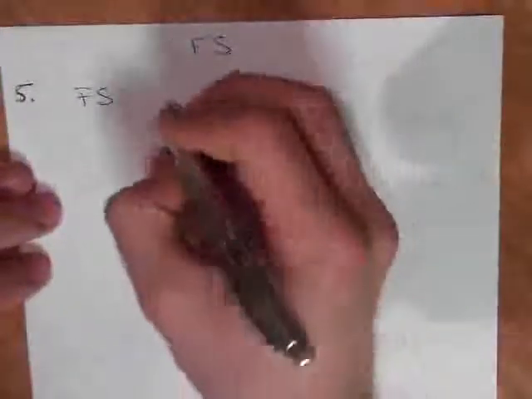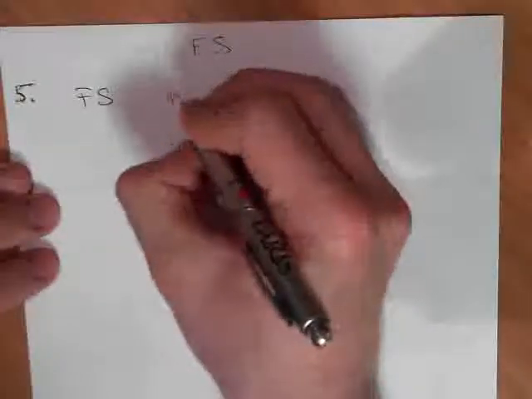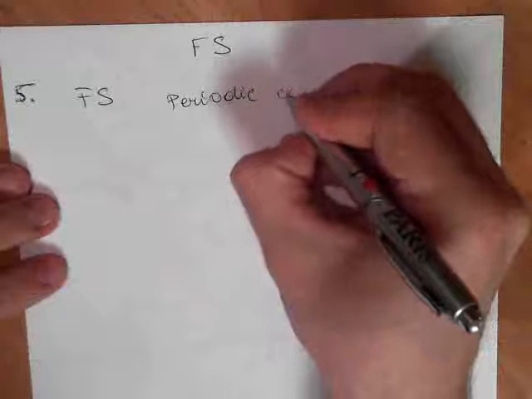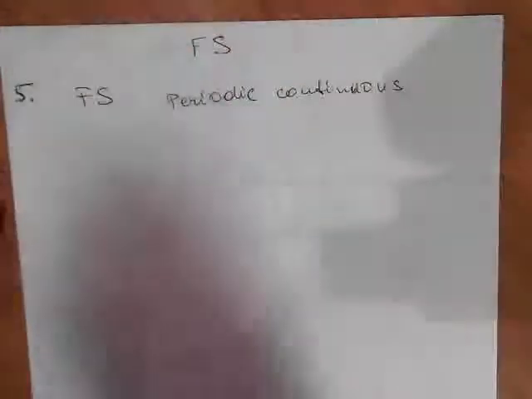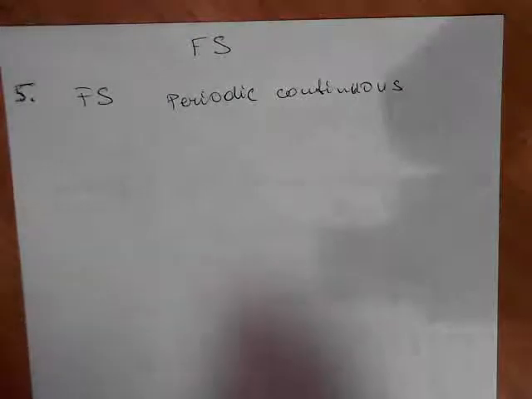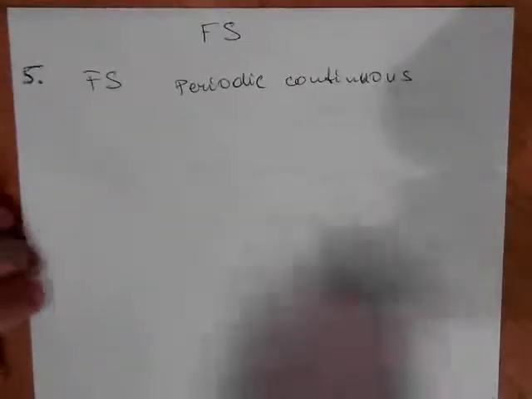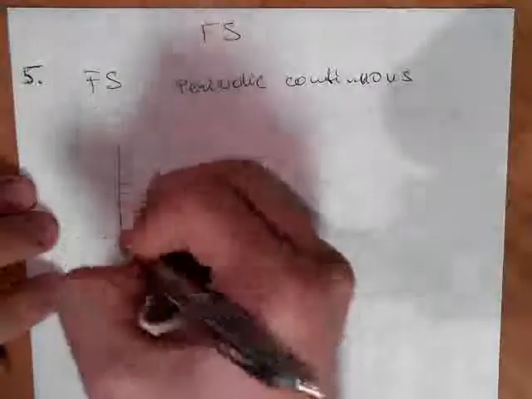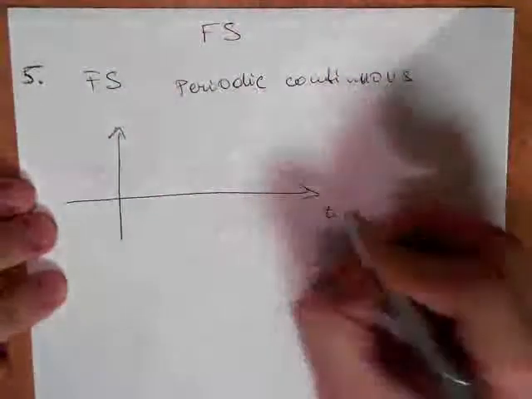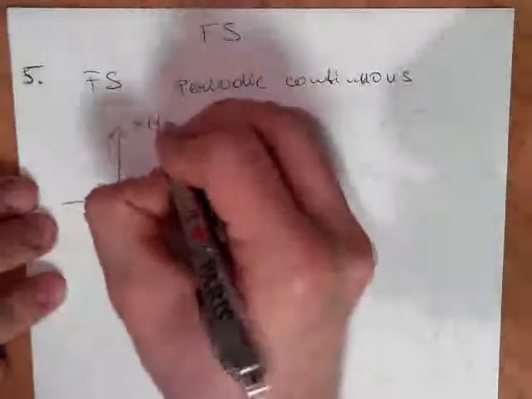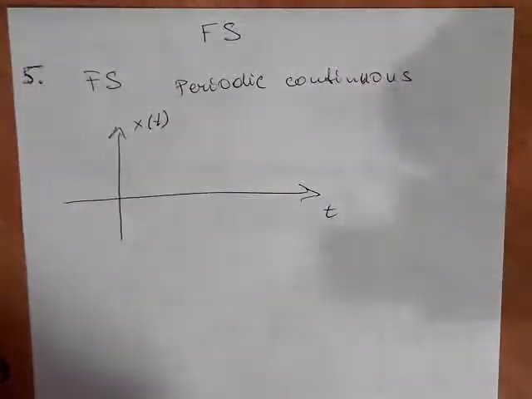is used when we have signals that are periodic and continuous. Periodic and continuous signals. So when we have periodic and continuous signals, it's basically not made of samples, and in the x-axis it is t. This would help you.